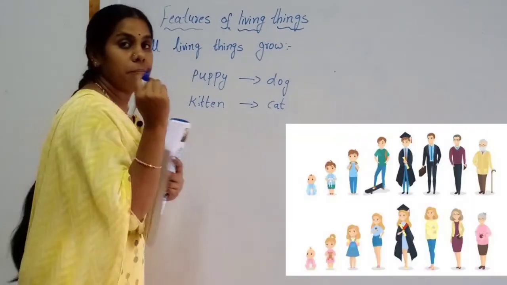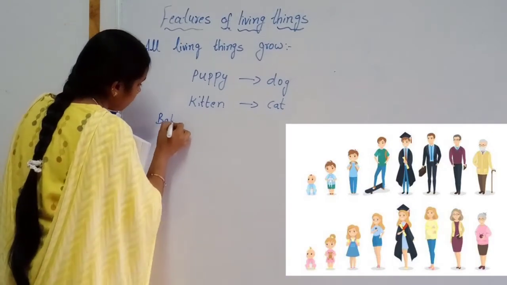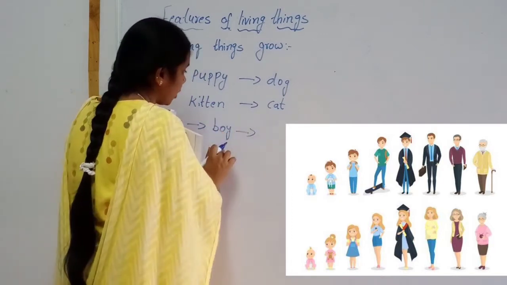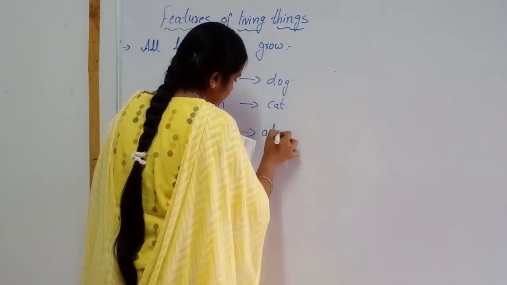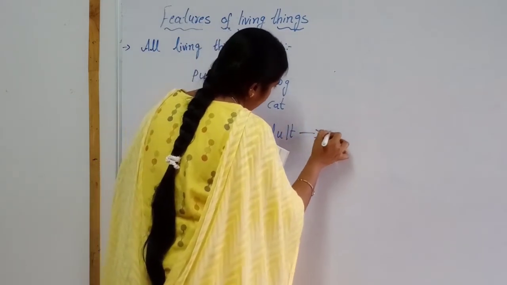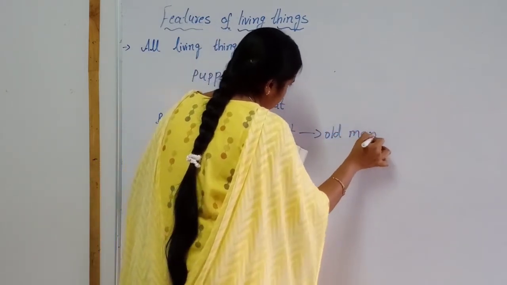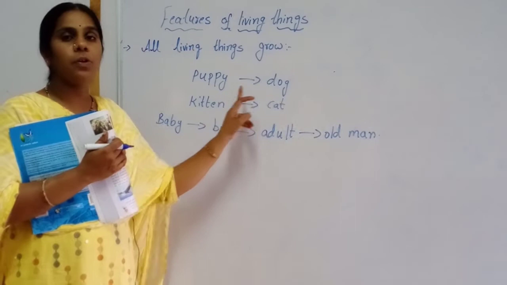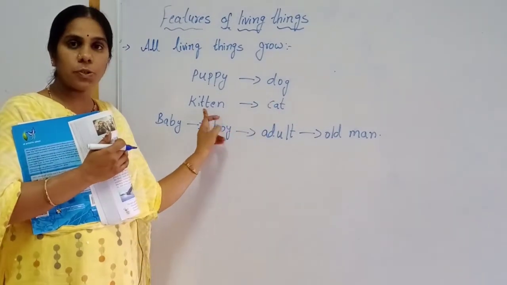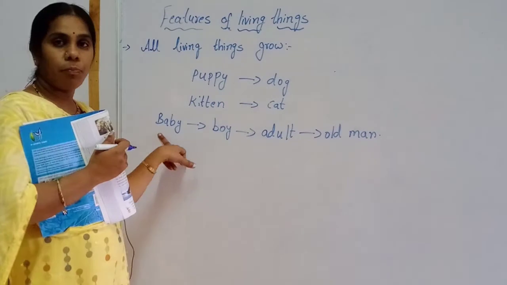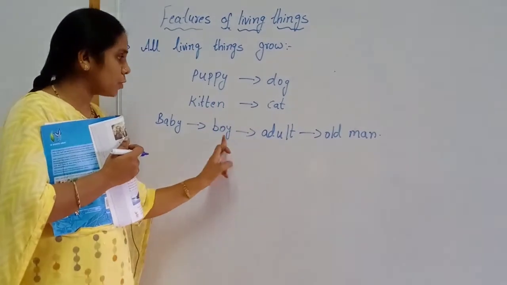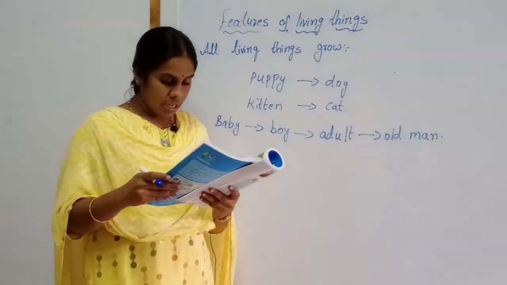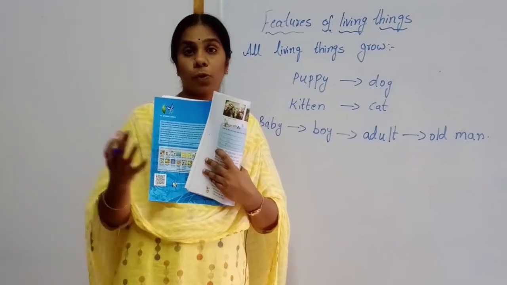And the baby grows into a boy or girl. The boy grows into an adult, and the adult grows into an old man. Puppy grows into dog. Kitten grows into cat. And plants also grow.